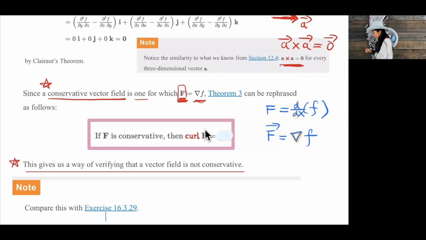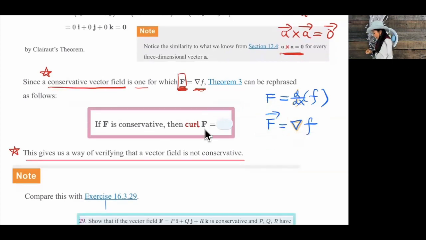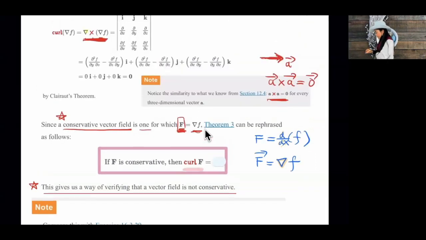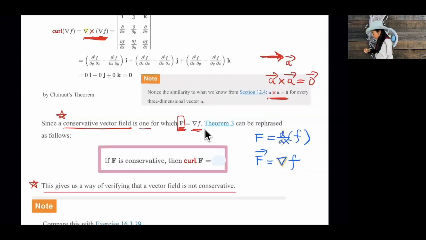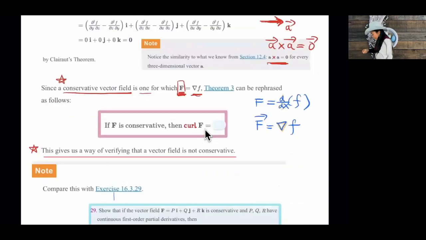So if big F here can be written as the del of small f, then the big F here is a conservative vector field. And if the big F here is conservative, then what happens to the curl of F, according to the theorem above? So what does it mean to be conservative? That means this F over here is equal to what? Del of f, right?